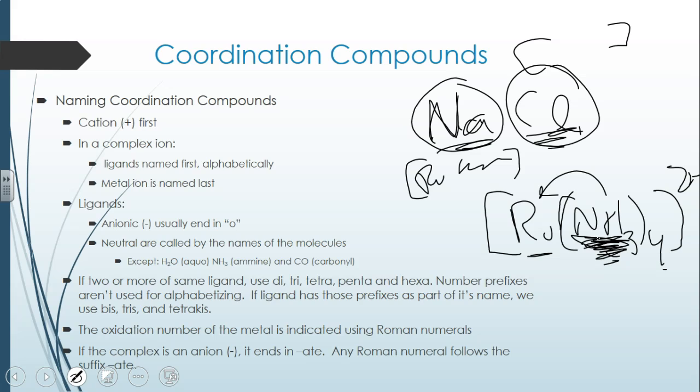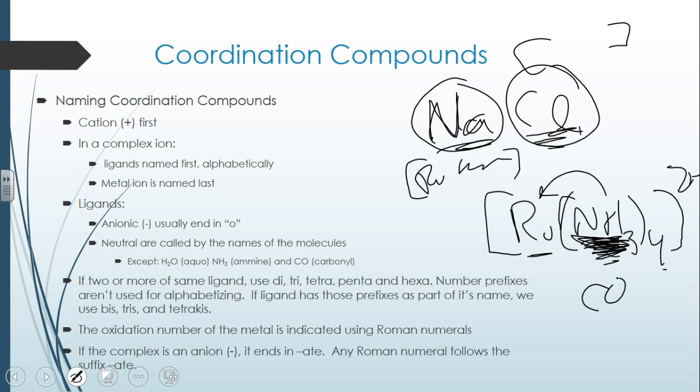The exception is water, which we call aqua, and NH3, which we call amine, and then CO, which is normally carbon monoxide, but we call that carbonyl.